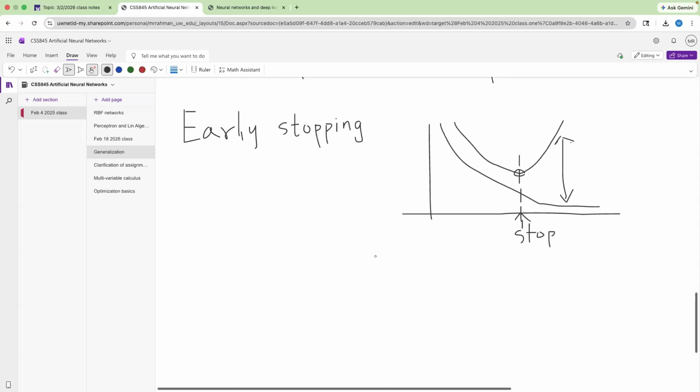So that's roughly how you would implement early stopping. There isn't really much complicated theory around this. It's just a heuristic that you use to prevent overfitting.